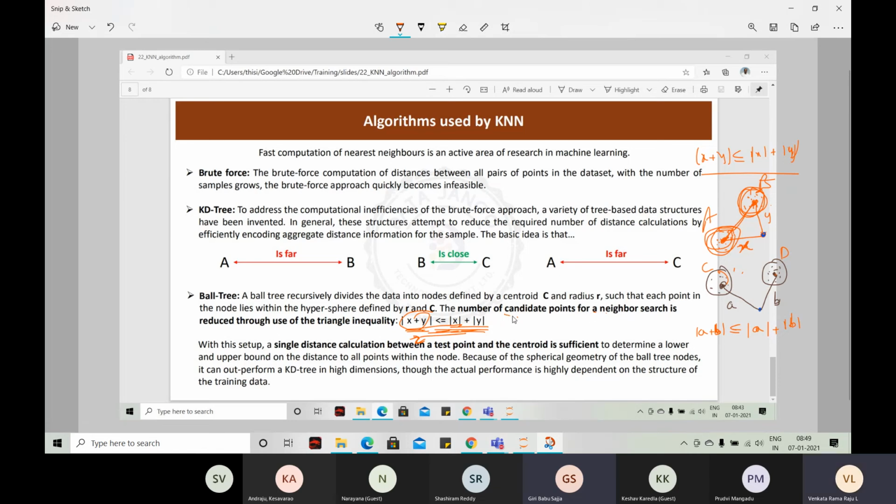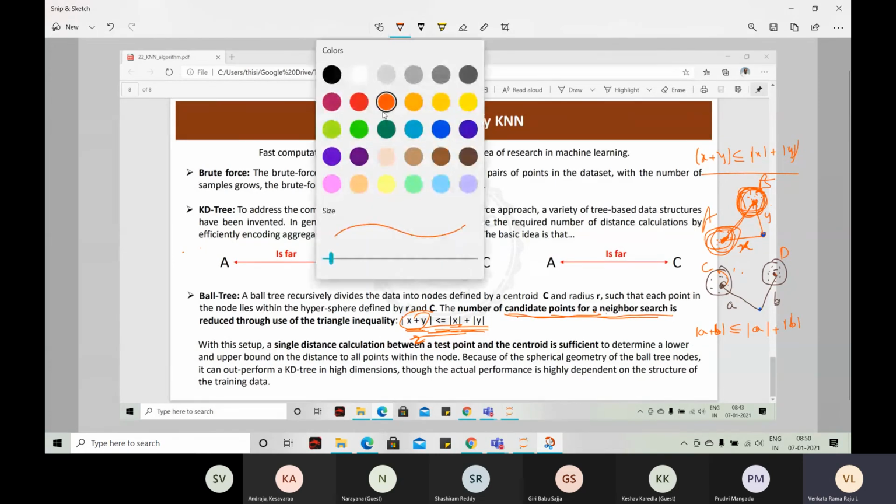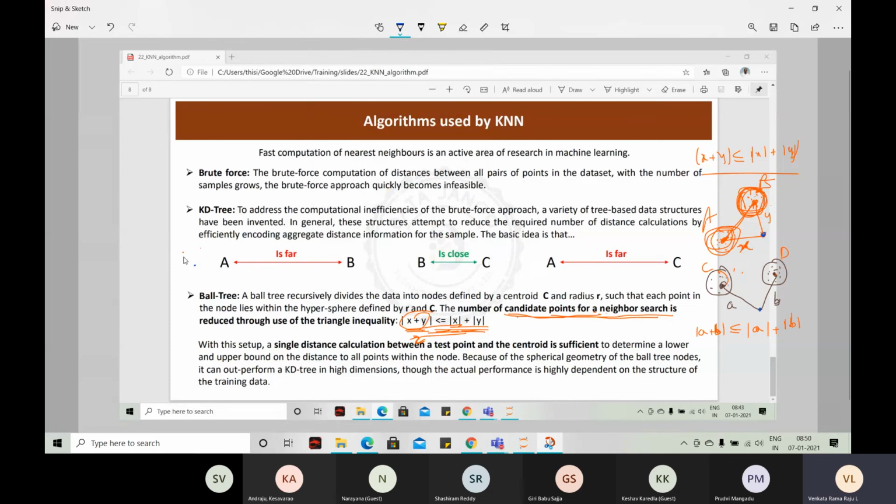I think there is one more point we need to understand here. The candidate points for neighbor search may be within the spherical. Inside that spherical, there are two data points and your data point.